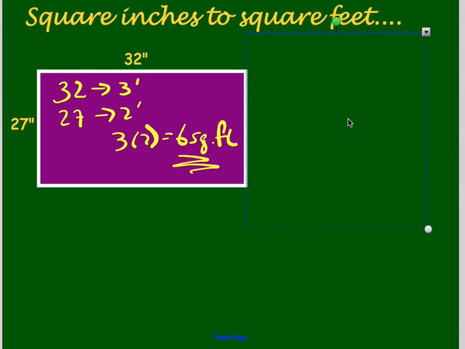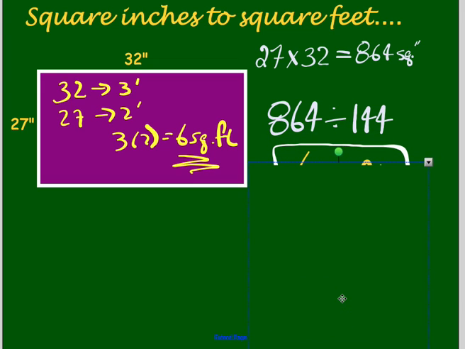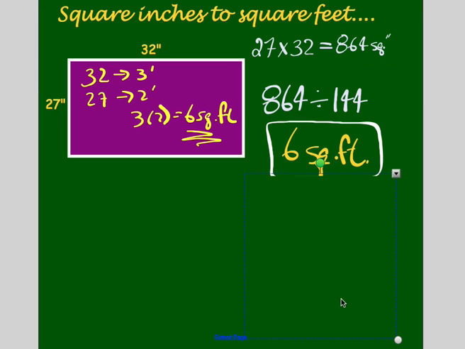If I do the actual calculations, I took 27 times 32, that's base times height, that's how simple this is, and I got 864 square inches. Then I divide that measurement by 144, and you'll find that 864 divided by 144 is in fact 6 square feet. So this rectangle is 6 square feet, or 864 square inches.